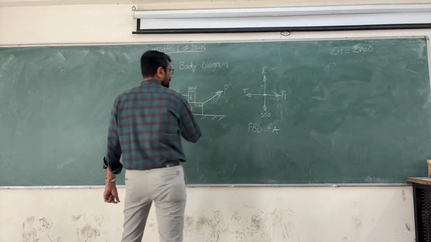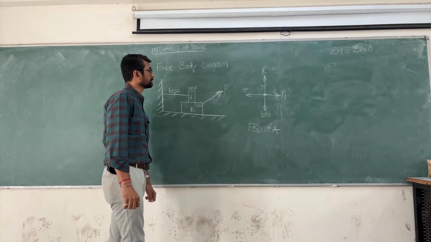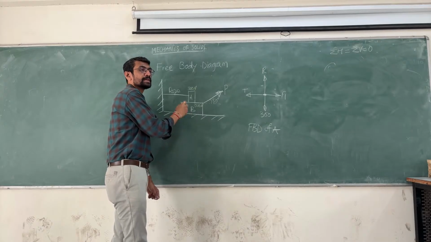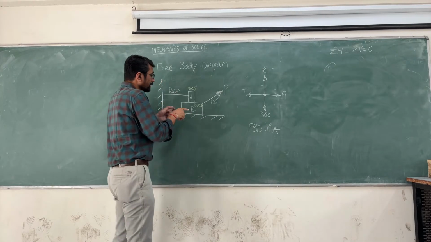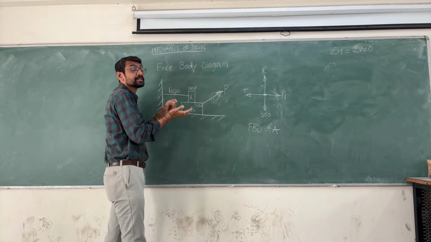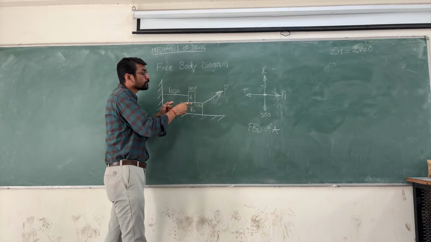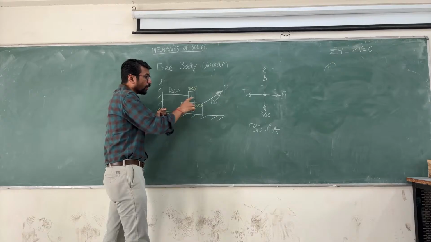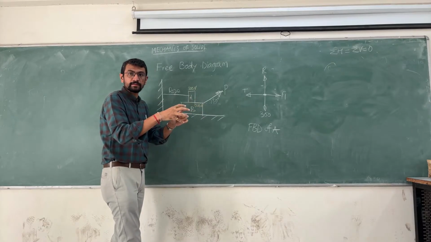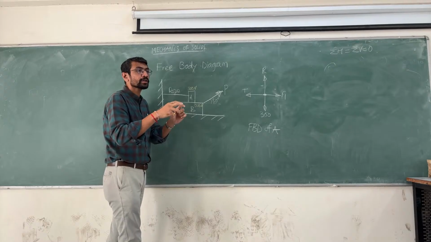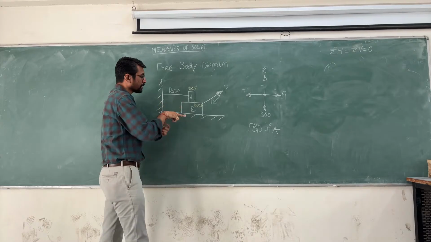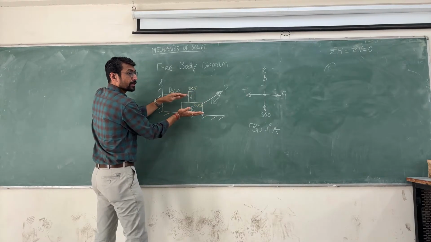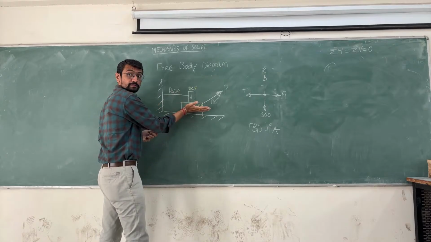Here we cannot draw this body B as a particle. Why? Because in B there are forces which are a distance apart. Not all forces go through the CG of B. All the forces acting on B to keep it in equilibrium are not concurrent, because friction is in this direction, and this friction is this. These two forces are non-concurrent. They both are not passing through the CG of it.